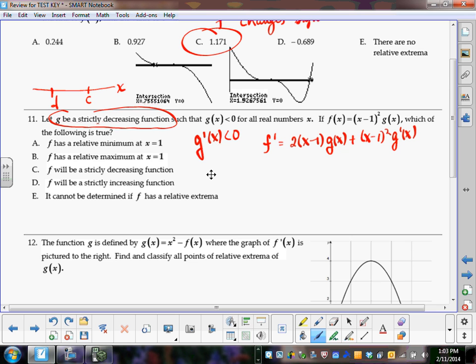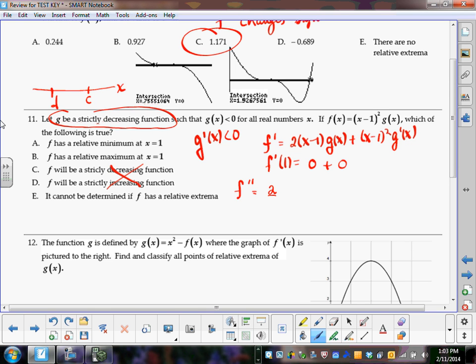Okay. So now at x equals 1, we know the first derivative is 0. So we know f prime of 1 is 0, because the first term plus the second term would be 0 because of these two factors. So f is not strictly decreasing or increasing. Now, if we do the second derivative of f, we get the derivative of the first, which is 2.